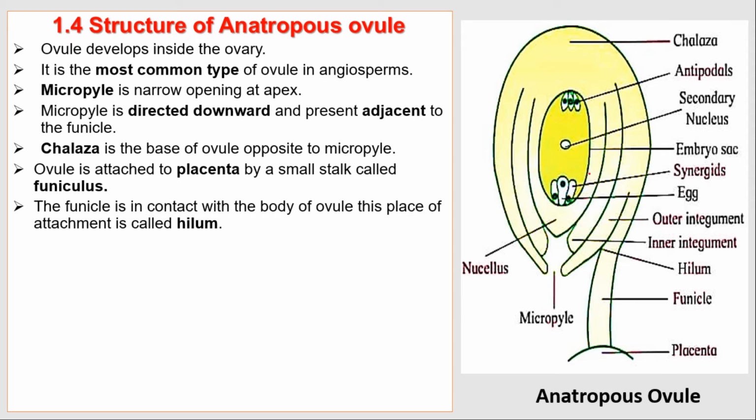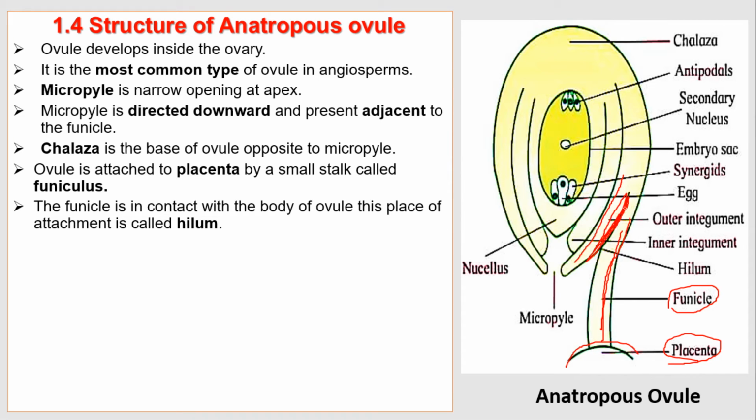The body of the ovule is attached to the placenta of the ovary with the help of this funicle, also called funiculus. The body of the ovule and the funicle get attached at this place, somewhere here.